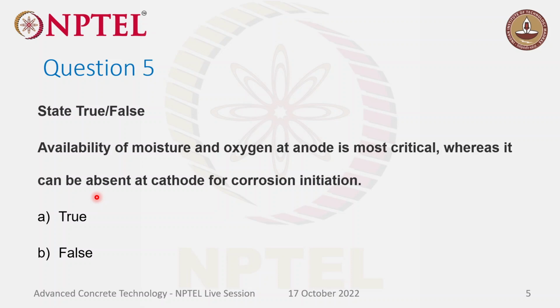Let me start the timer. Here they are saying that availability of moisture and oxygen at the anode is very critical, but it can be absent at the cathode. Is it so?